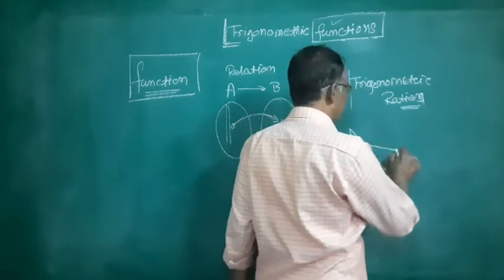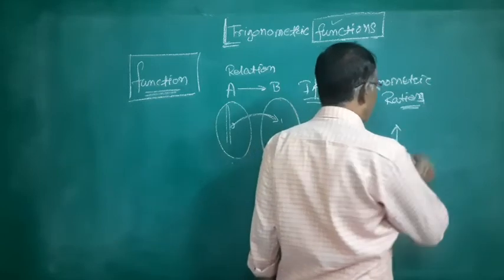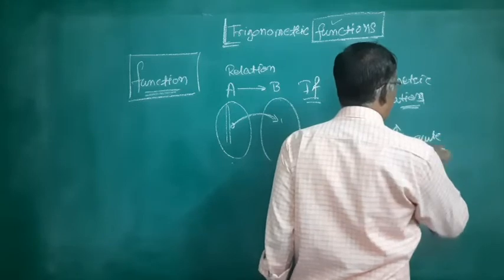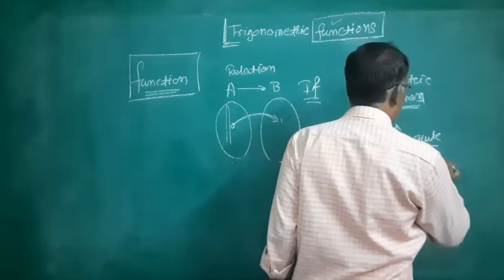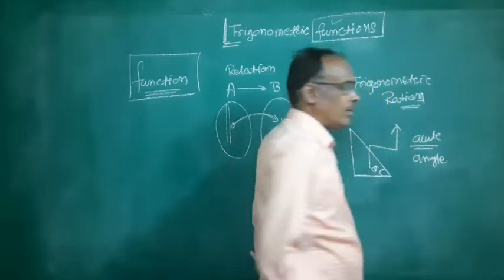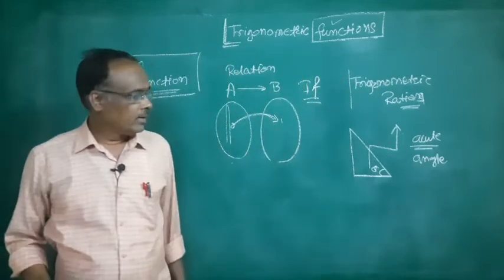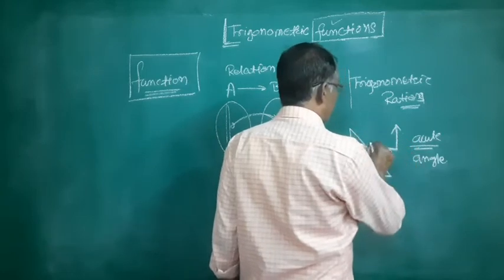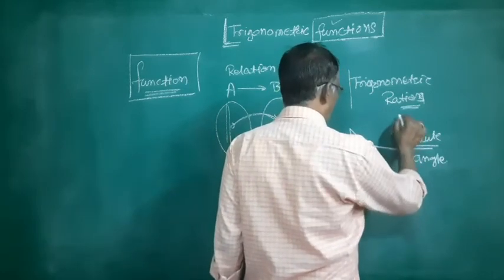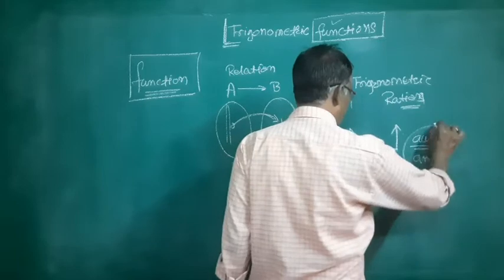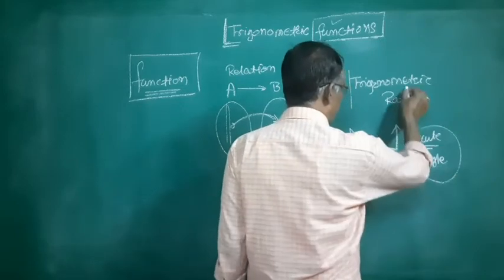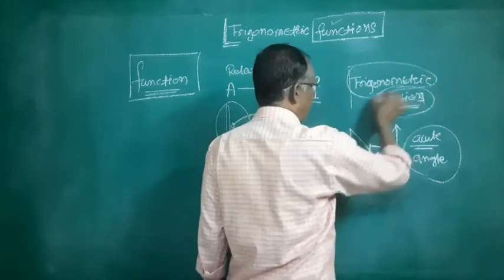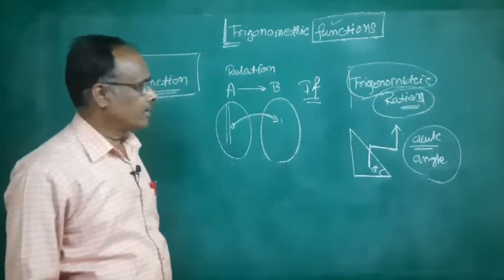We studied the ratios of theta for an acute angle. Acute angle means less than 90. Angles less than 90 are called acute angles. And we studied the ratios of acute angles in the term trigonometric ratios in class 10th.